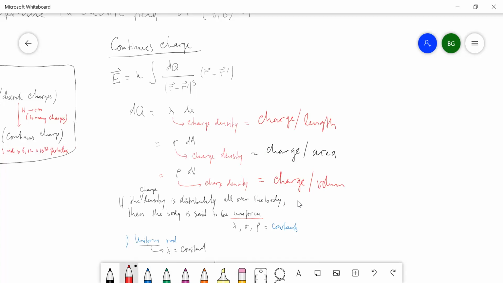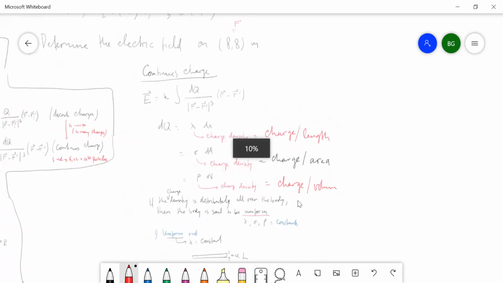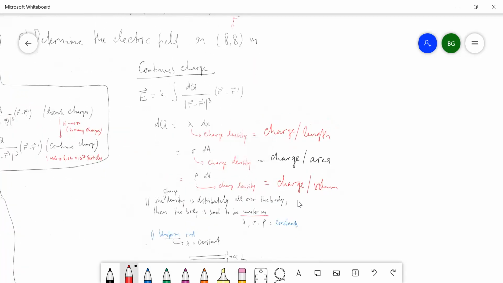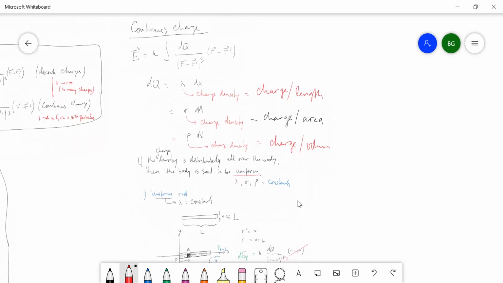So if the charge density is distributed all over the body, the body is said to be uniform. The word uniform means that lambda, sigma, and rho are constants.